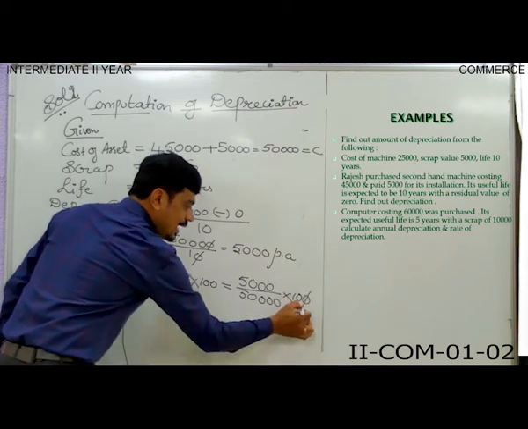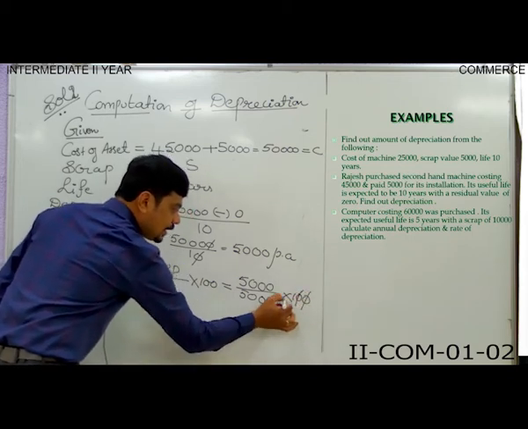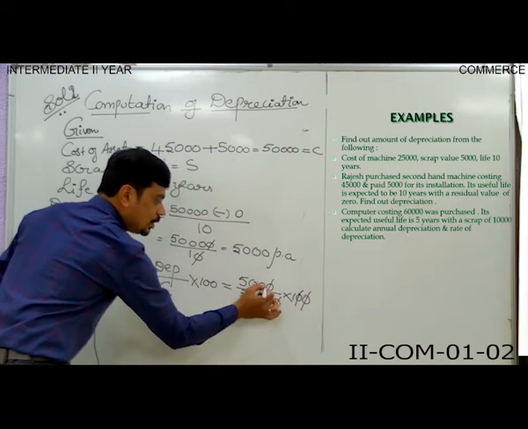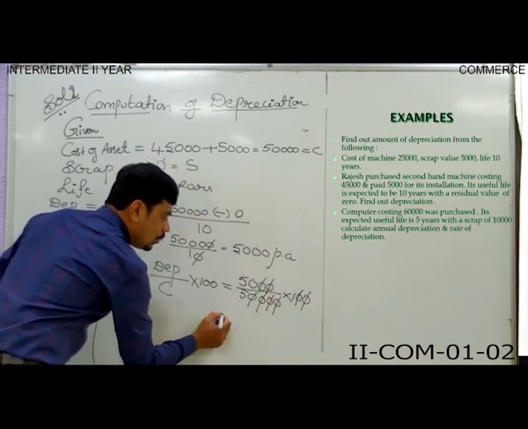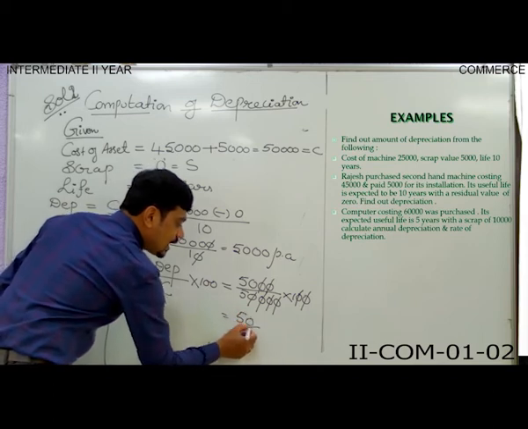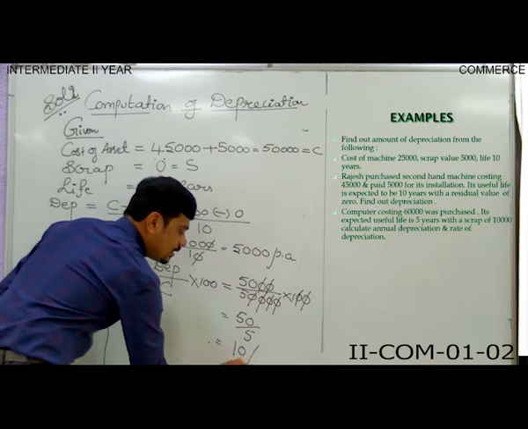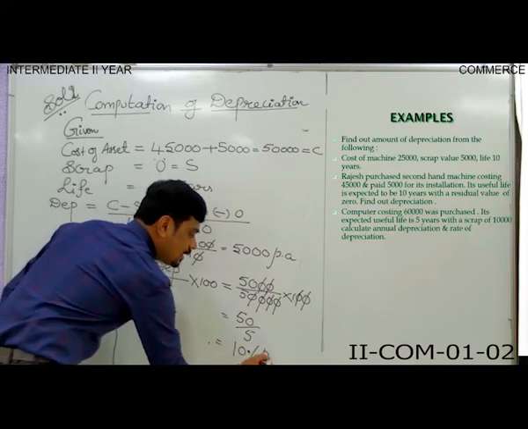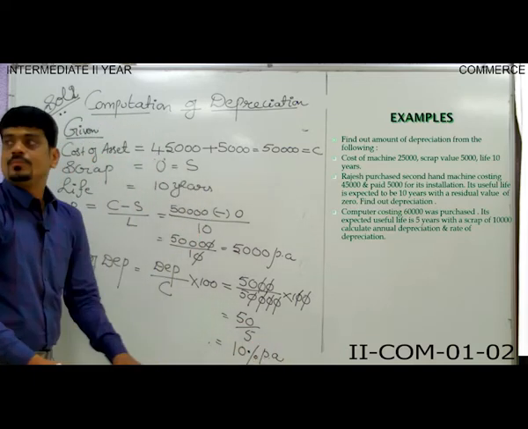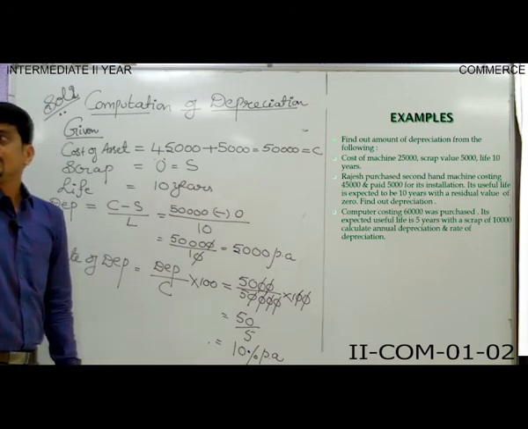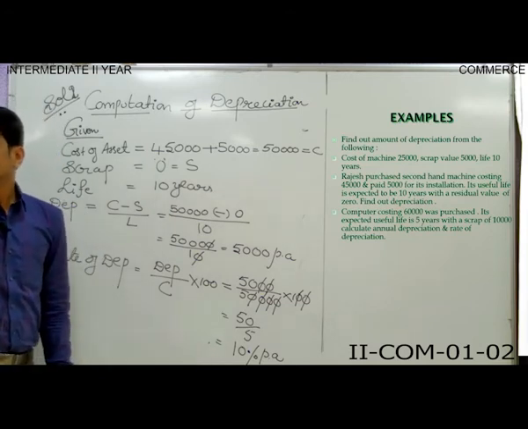Now again we'll cancel zeros. What is left with us? We are left with 50 by 5. 5 tens are 50. So how much is the depreciation? 10% per annum. Rate of depreciation is 10% per annum.